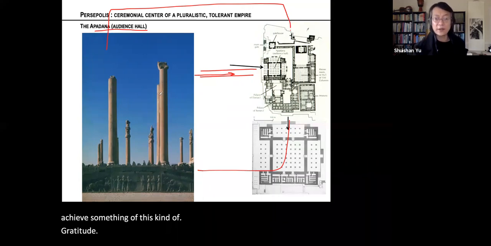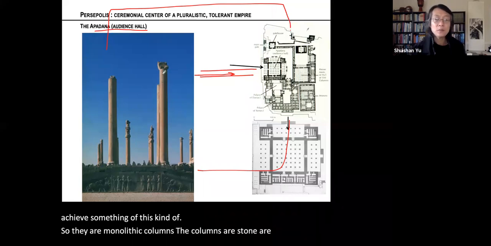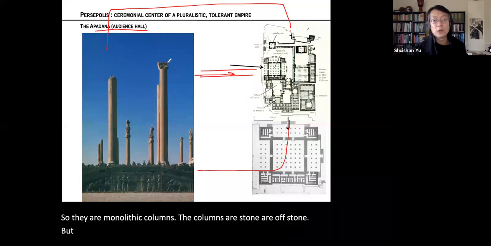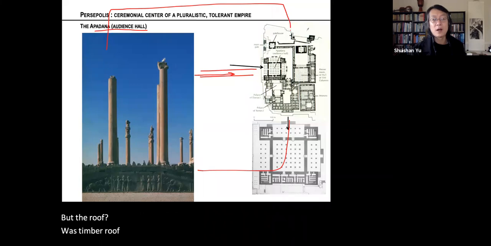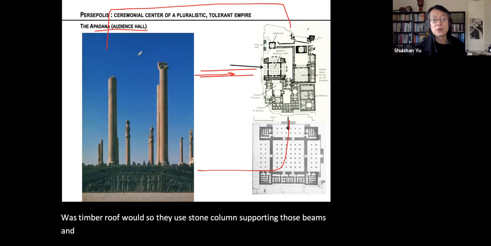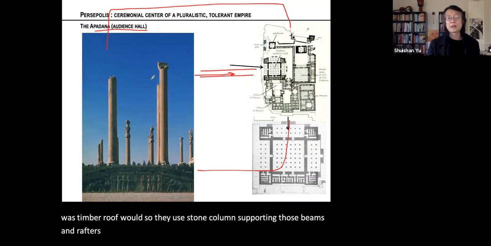So they are monolithic columns. The columns are stone, but the roof was a timber roof, wood. So they used stone columns supporting those beams and rafters to support a flat roof.